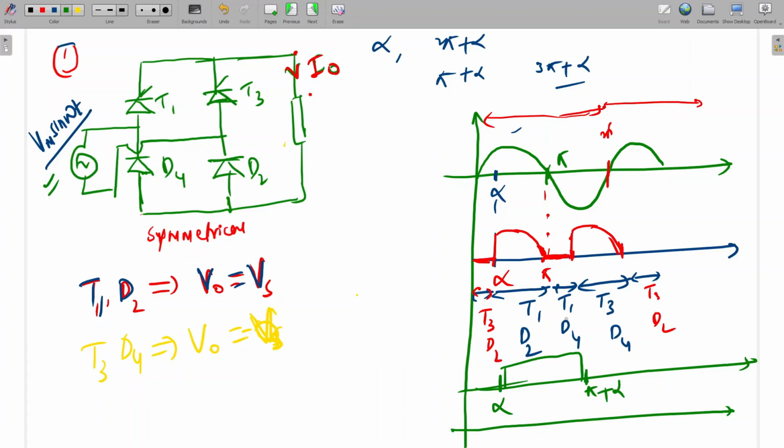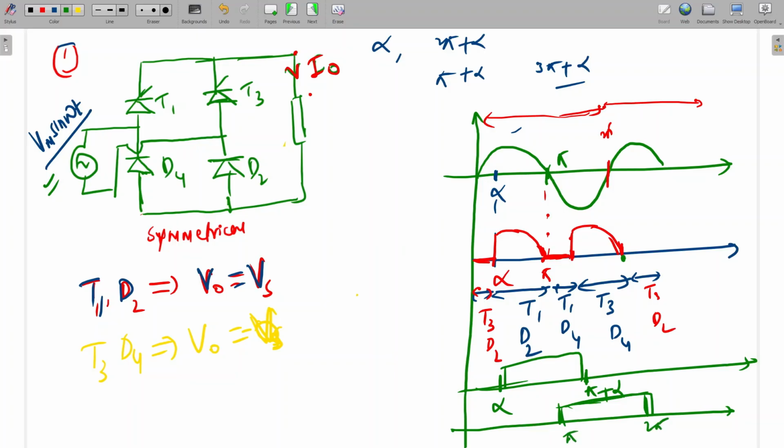T1 D4 and T3 D4. D4 is conducting from pi up to here, so pi to 2 pi.